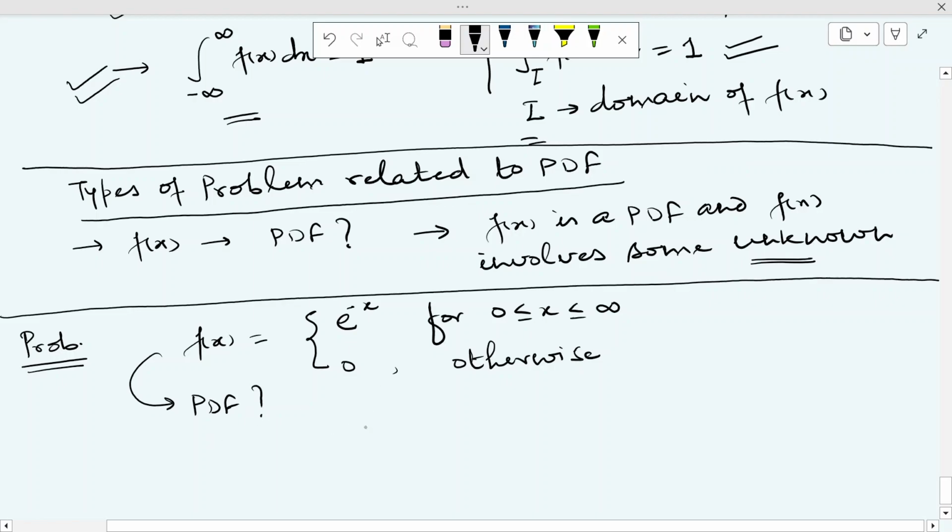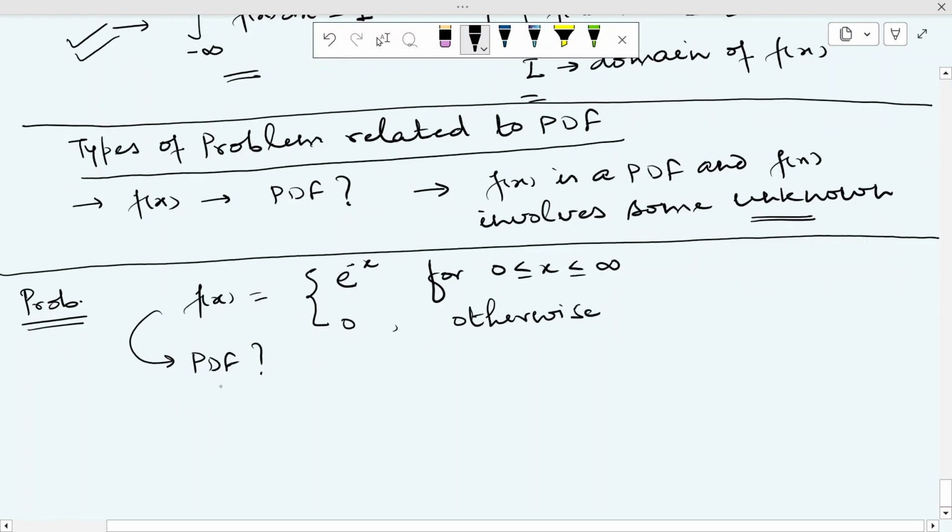As we know, in order to be a PDF, this function has to satisfy two properties. The first property is that f(x) should be greater than or equal to 0.